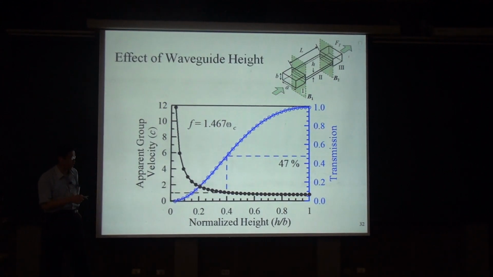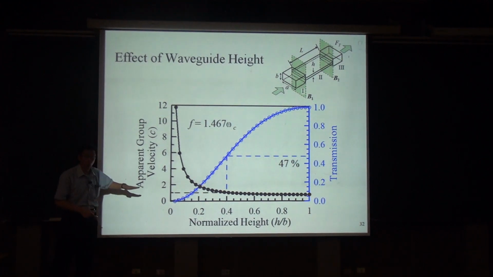Okay, look at this case. This is the relation between normalized height, we can normalize this one, versus apparent group velocity. So we'll give it another name: apparent group velocity. Okay. Transmission, when the height is the same as B in this case, it is 100% transmission. Obviously, 100% transmission. And group velocity will be lower than 1.